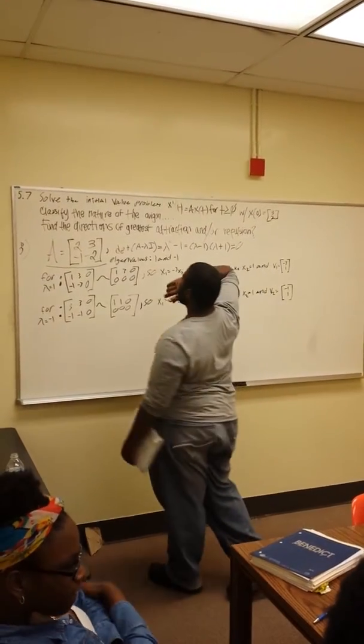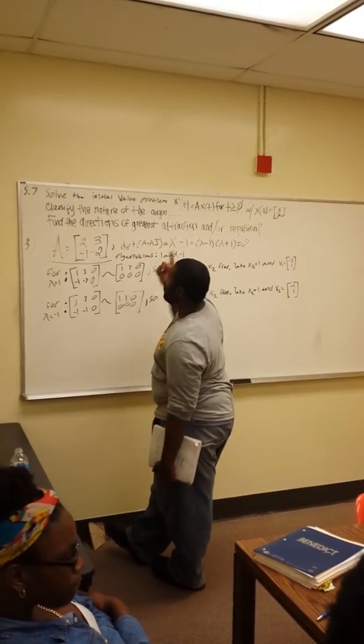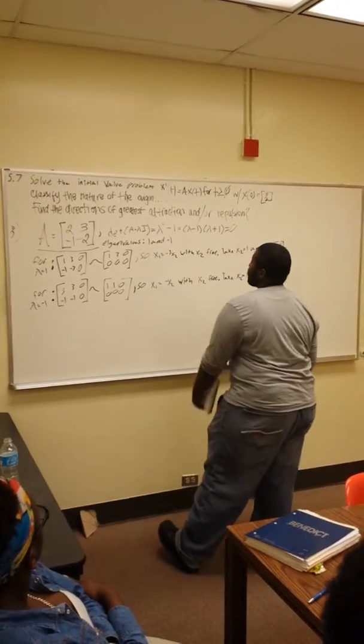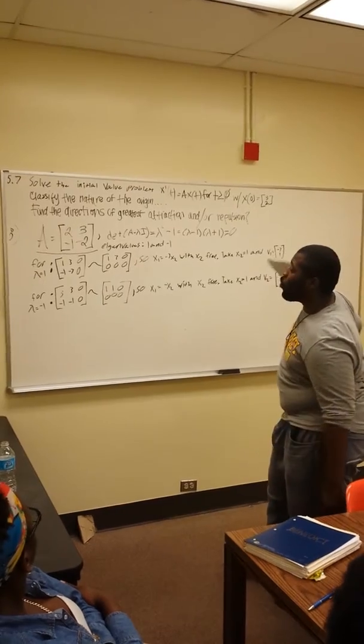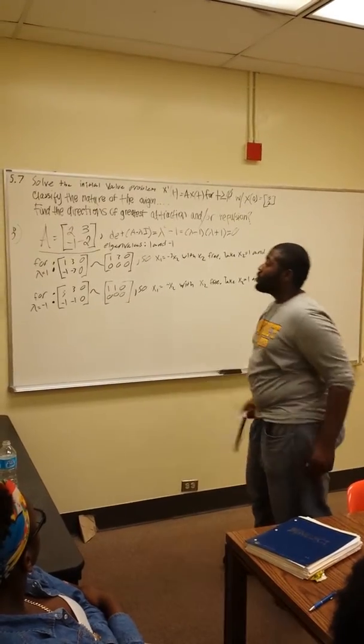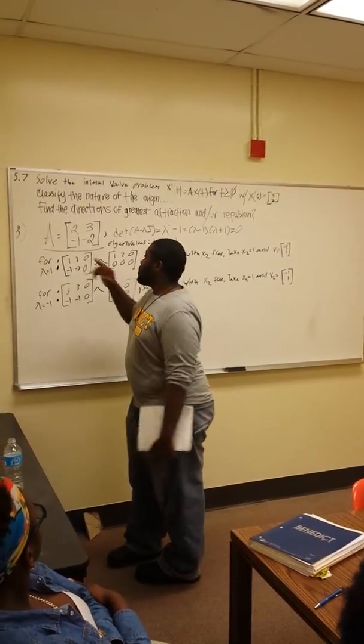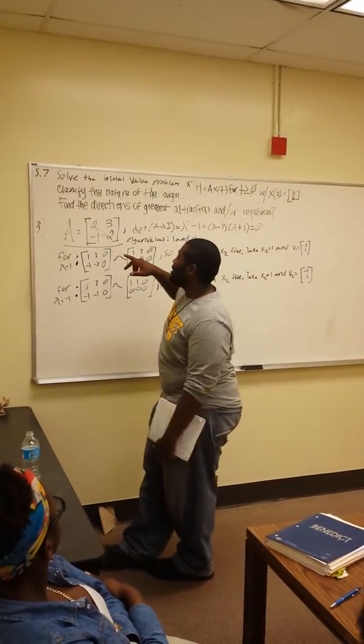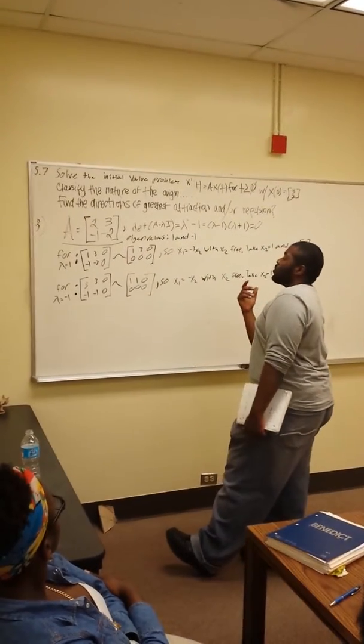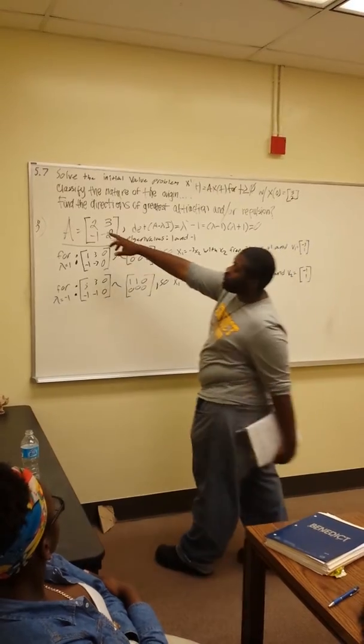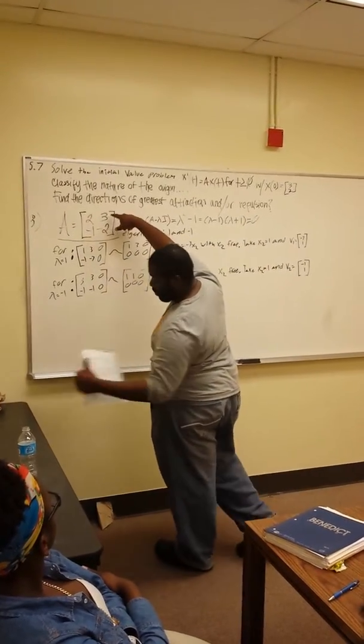Classify the nature of the origin. Find the directions of greatest attraction and/or repulsion. So, number 3, A is equal to the matrix [2, -1; 3, -2].